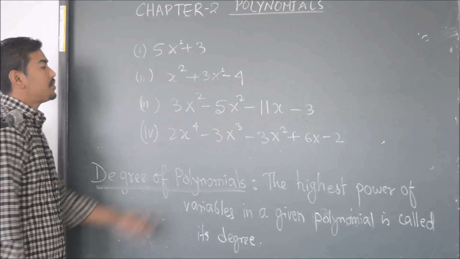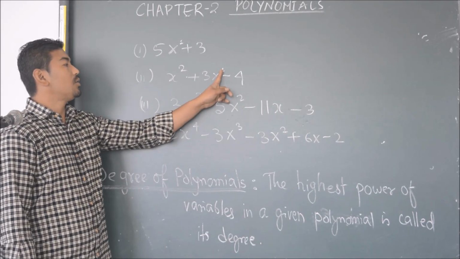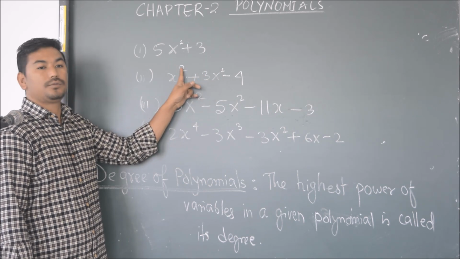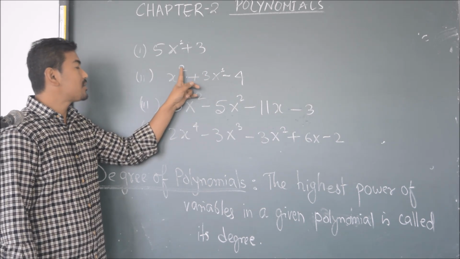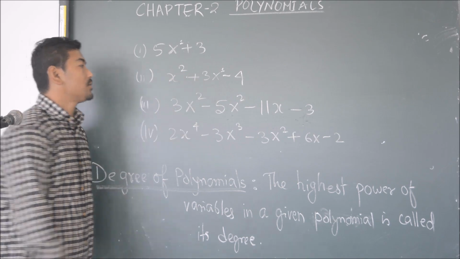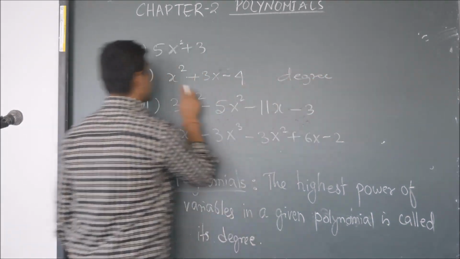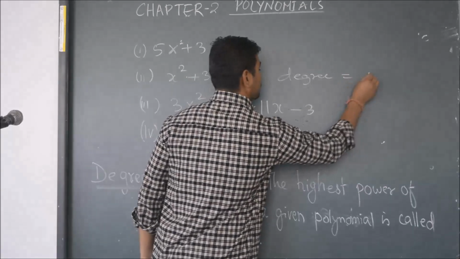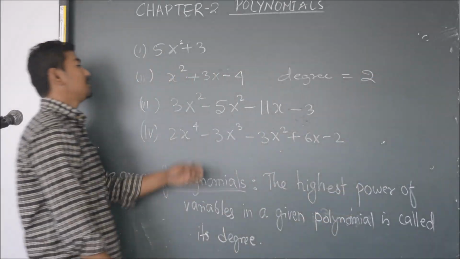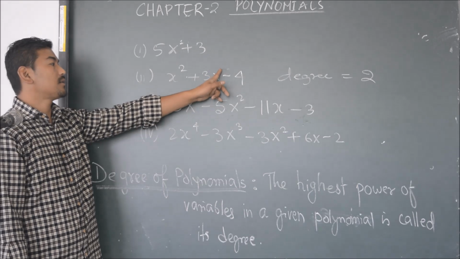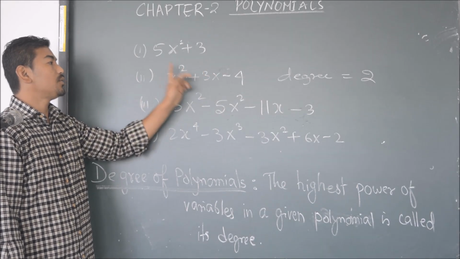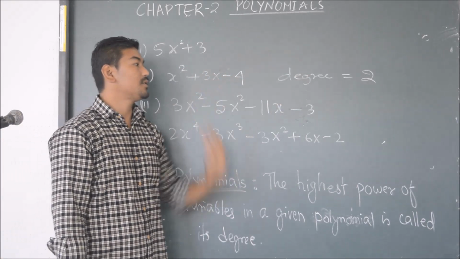Which is the highest power here? Among 1 and 2, definitely 2. So actually this highest power of a polynomial is called the degree. So you can write here the degree of this second polynomial is 2. Why? Because we have 2 powers of x, 1 and 2. Among these, 2 is highest, so the degree of that polynomial is 2.